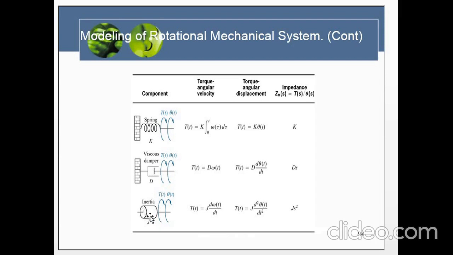And then the inertia: for angular velocity, T(t) equals J d omega(t) per dt, and for angular displacement, T(t) equals J d squared theta per dt squared, and the impedance is Js squared.